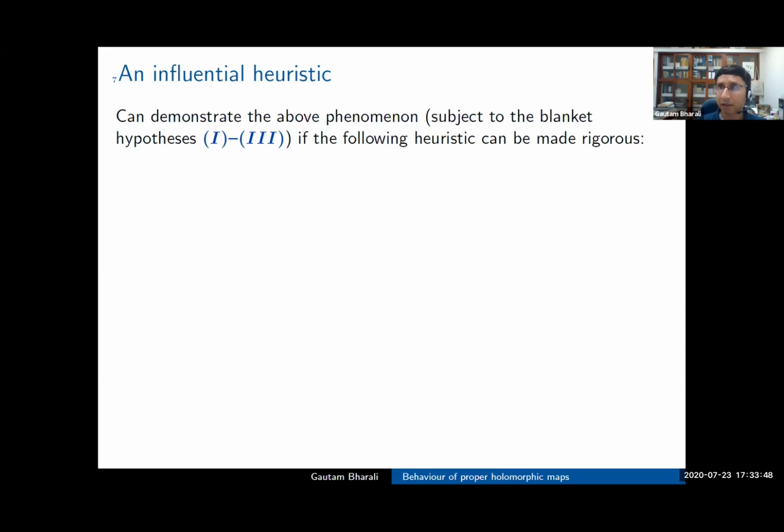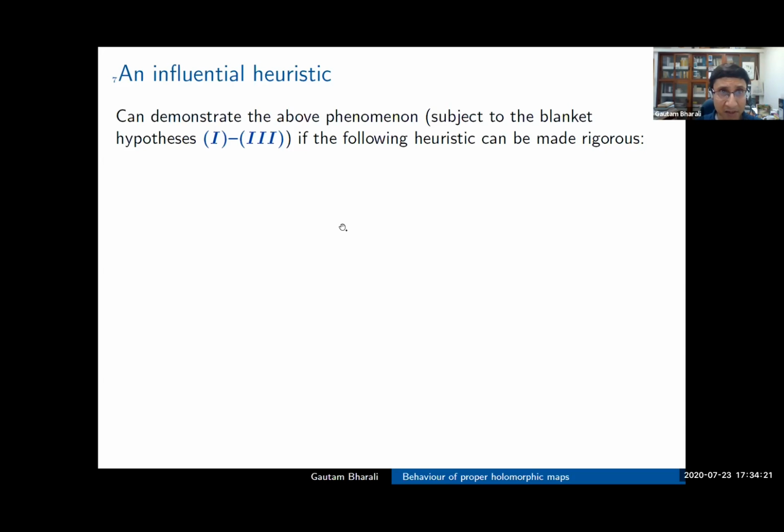All right. Now, let me define for you a heuristic which, whenever we can make it work, is going to result in a hard theorem with a hard proof that establishes that, given a smoothly bounded domain in C^n, please note n greater than or equal to 2, any proper holomorphic map actually turns out to be a biholomorphism, okay?